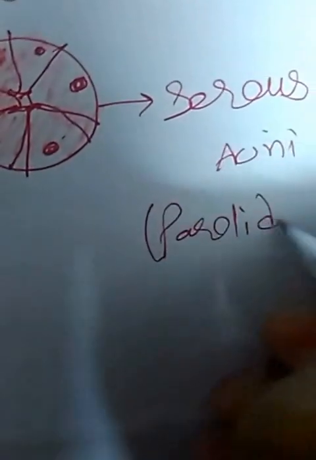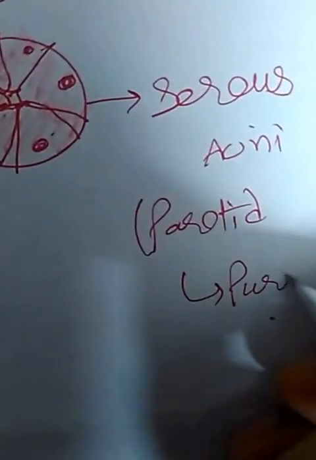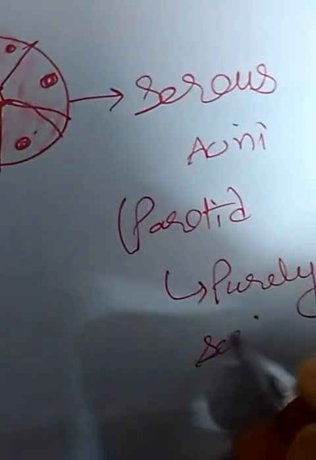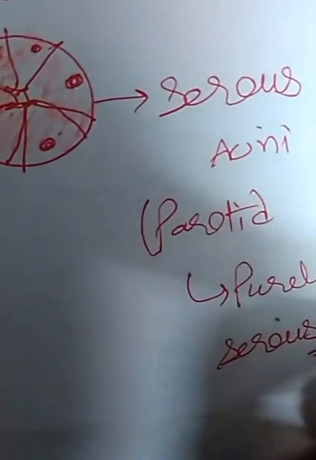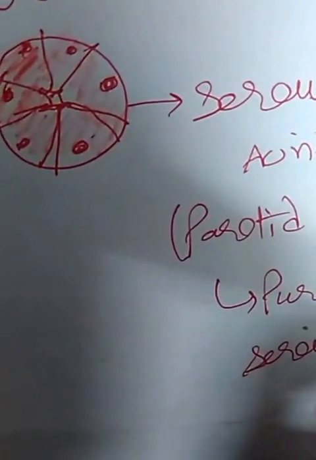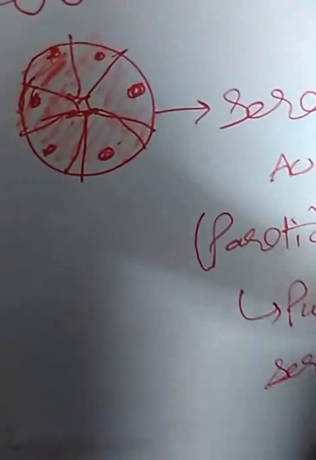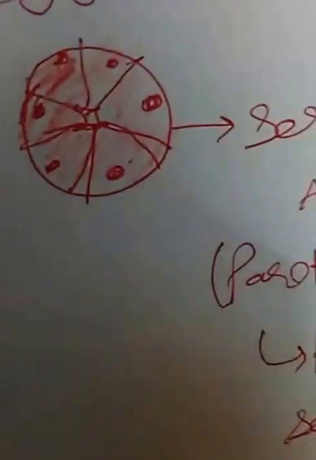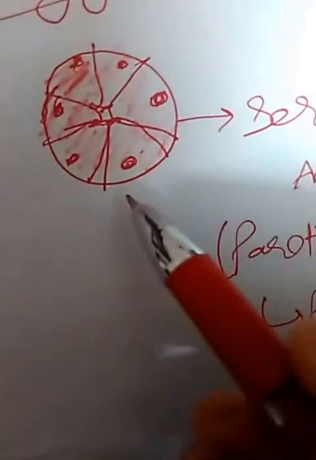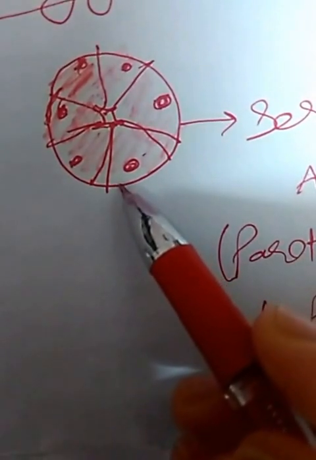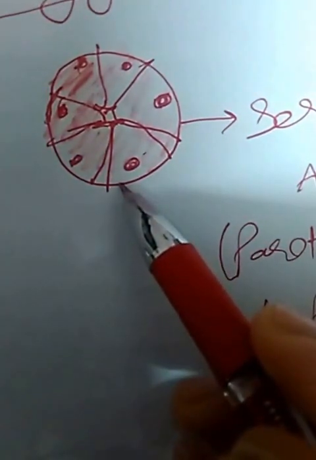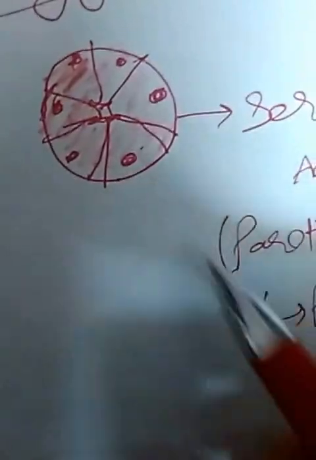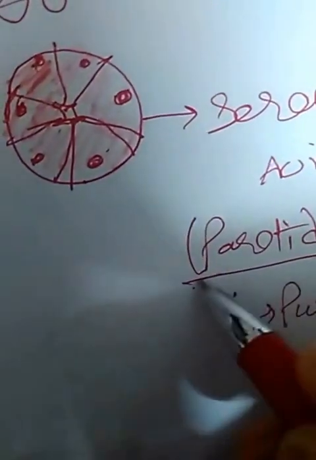And we know that the parotid gland is a purely serous gland. You have to see if these acini are in maximum amount, then it is your parotid gland.